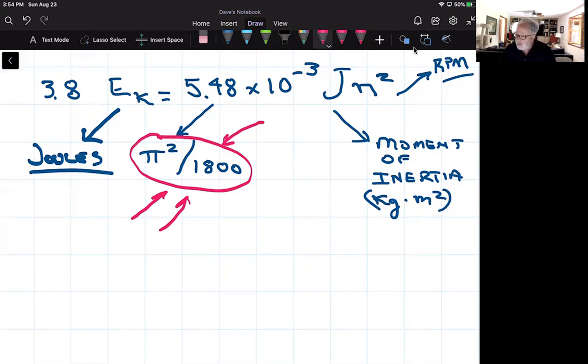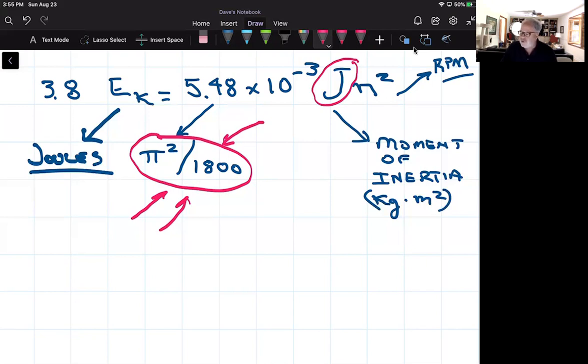Now, something unique to this section, and brand new for us, is called the J number. The J number is described as the moment of inertia. For the time being, just know that it is measured in kilogram meters squared.